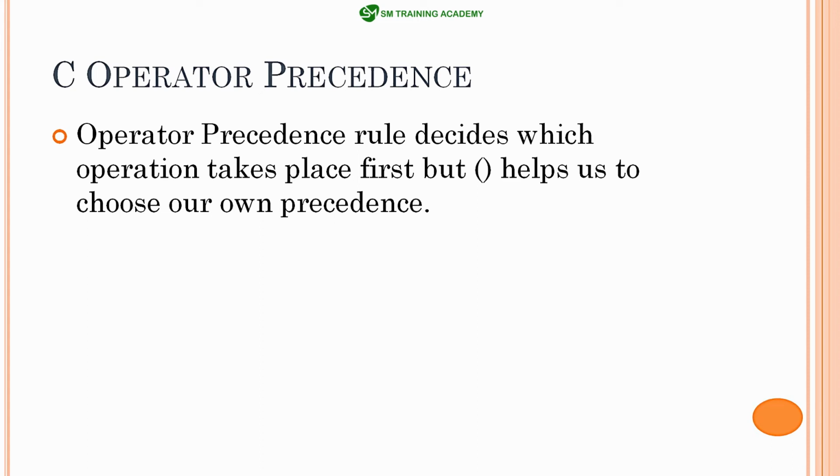That is, among all the operations listed in an expression or instruction, the operation that needs to be executed first is decided based on the precedence rule in C program. And using parentheses in your program helps us to define user-defined precedence.